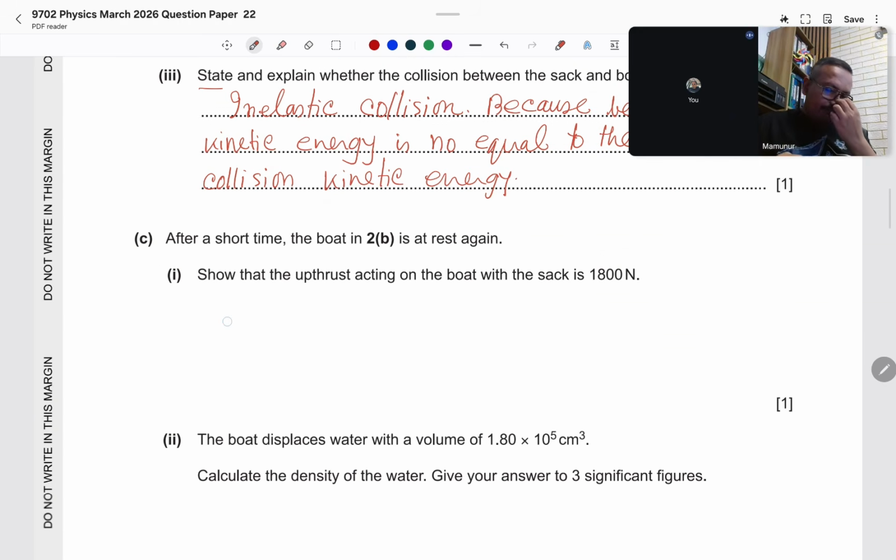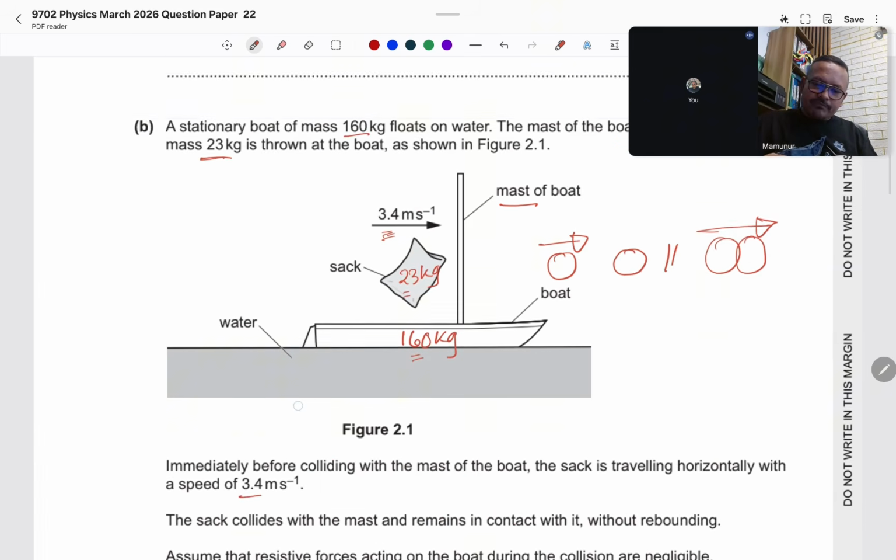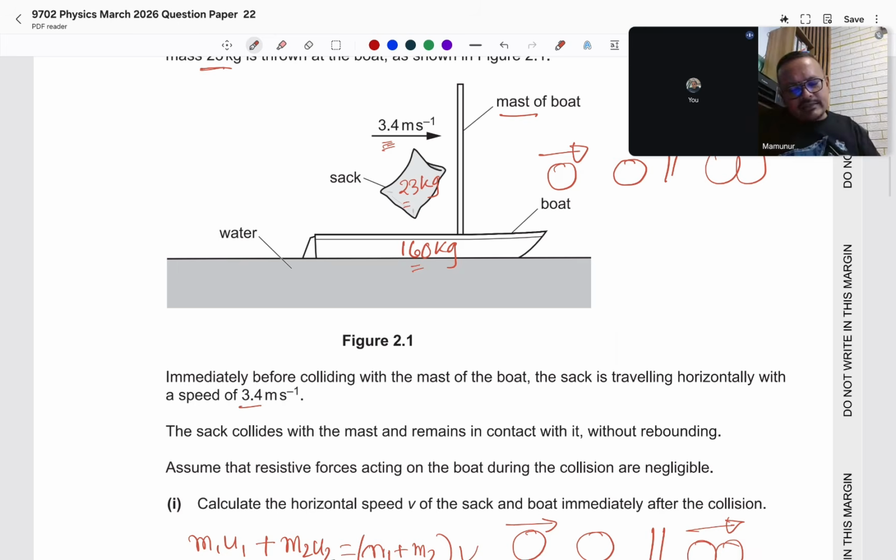After a short time, the boat in 2B is at rest. Show that the upthrust acting on the boat with the sac is 1800 Newton. Okay, upthrust is the upward force that acts due to the upward pressure of water.